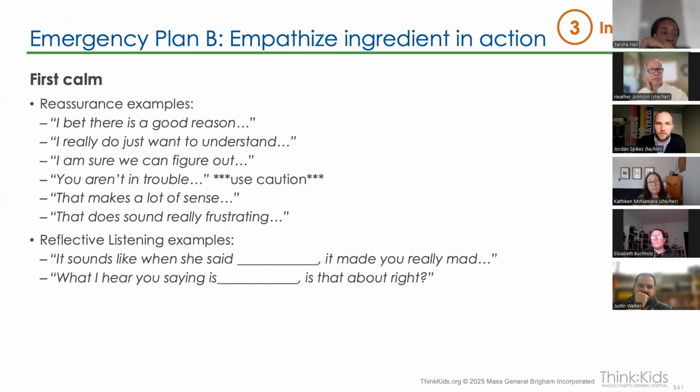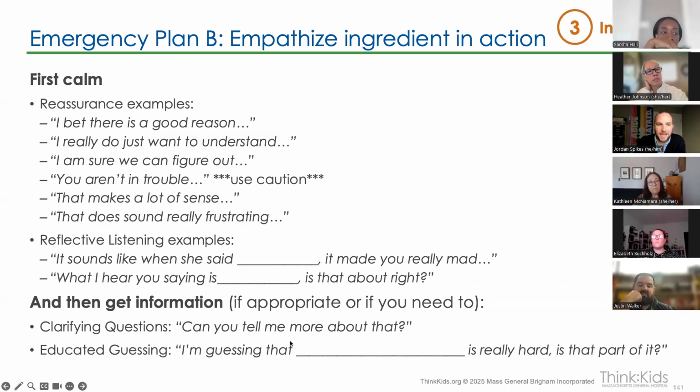Still a lot of examples, like if we're trying to calm them, here's some things you can do. Here's some examples of reassuring statements. And then if appropriate, or if you need to, you can get more information. We know that in a lot of situations, we're flexing our reassurance and reflection muscles purely to try and regulate them.